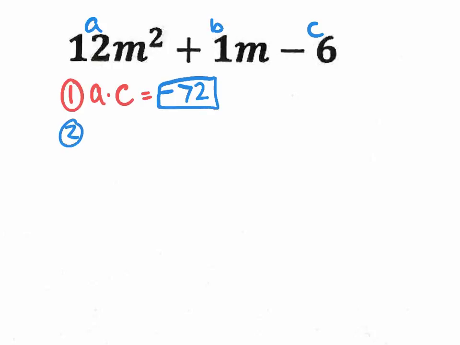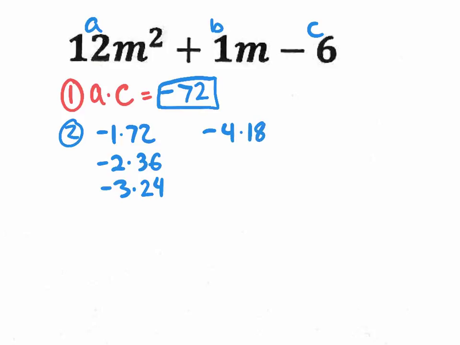Step 2 is to think of the multiples of negative 72. We're going to make a list. Negative 1 times 72, negative 2 times 36, negative 3 times, I don't know, let me use a calculator. 72 divided by 3, see if it works. It does, 24. So negative 3 times 24 also works. 72 divided by 4, will that work? 18. So negative 4 times 18.